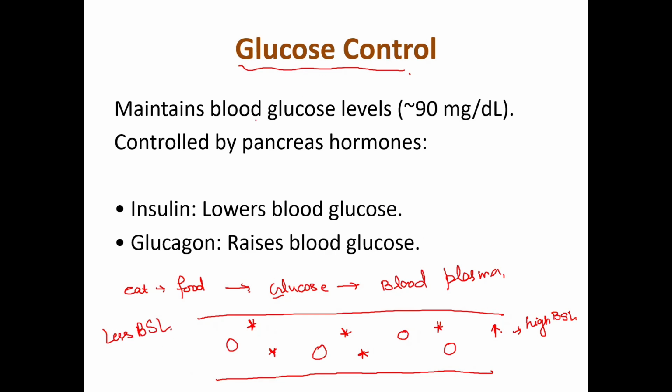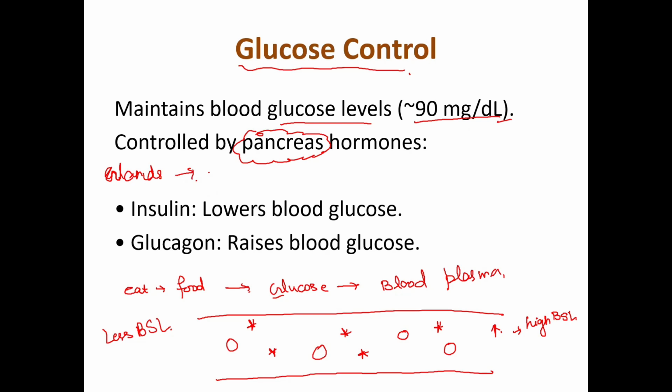The normal blood glucose level in an adult is 90 mg per deciliter, controlled by the pancreas. Coming to the organ or the gland, let me tell you what a gland is. In our upcoming video, we will also learn about the gland.